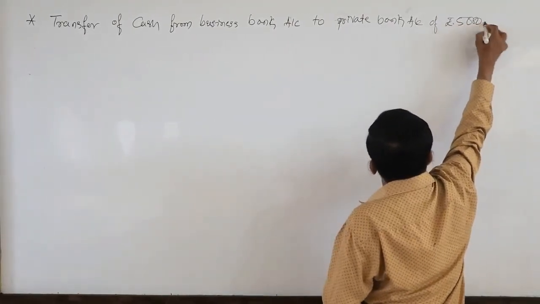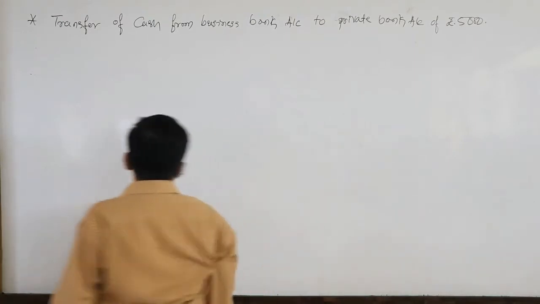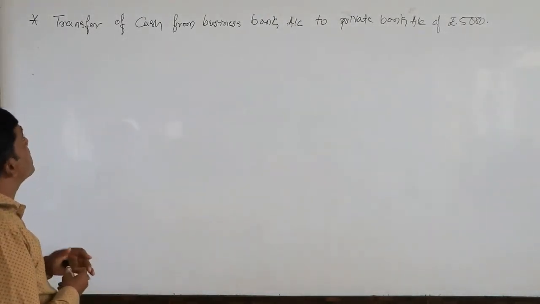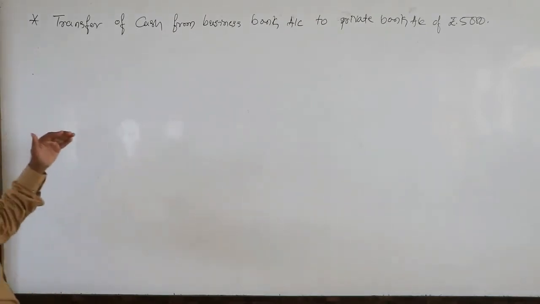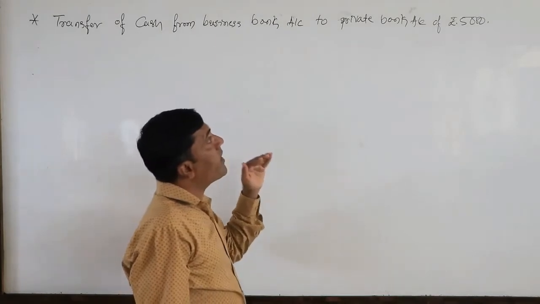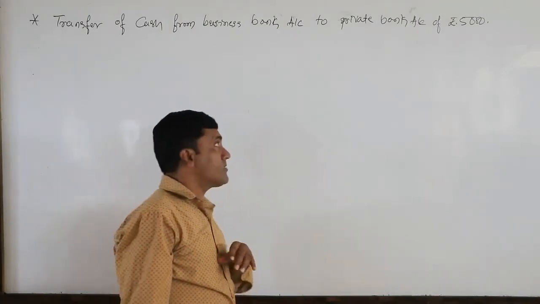This is for the example only. So this is a rough book entry. Please go through this rough book entry, dear students. Transfer of cash from business bank account to private bank account of rupees 5,000.